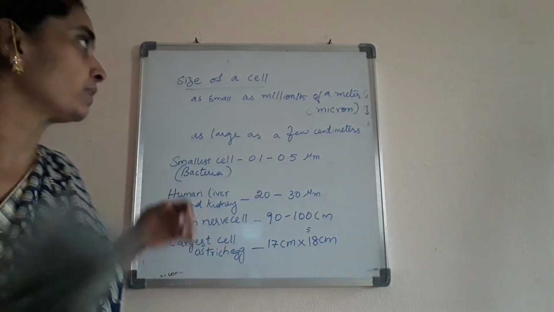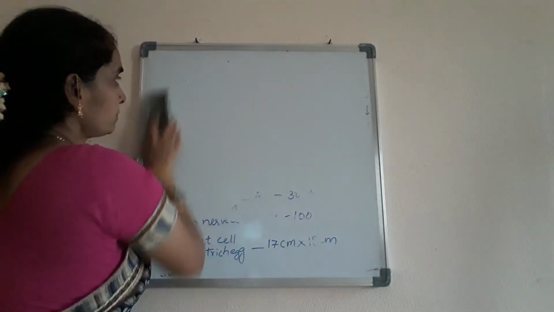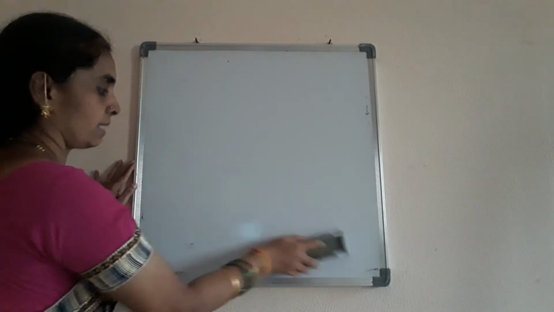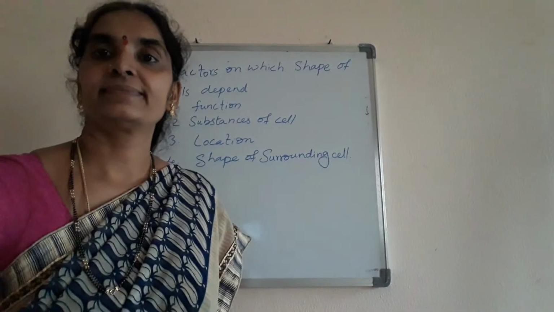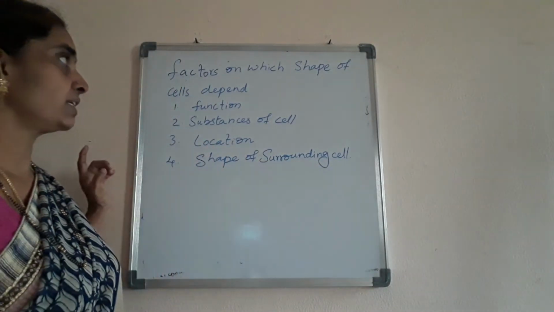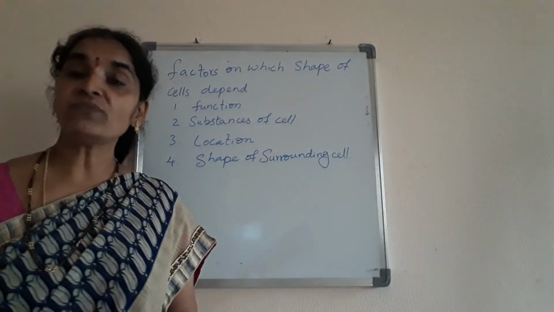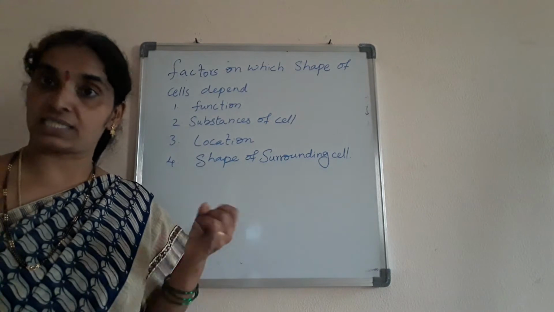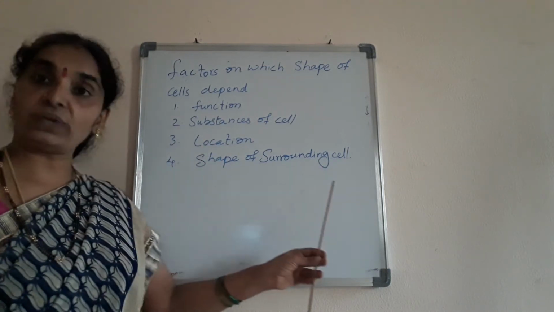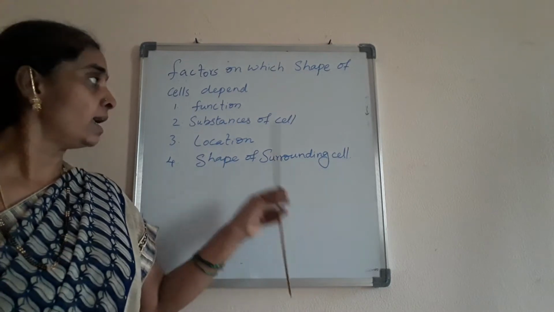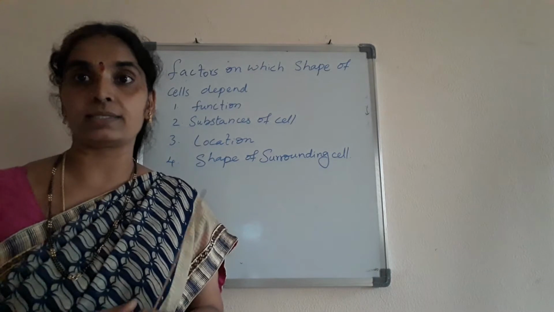Okay, children, we'll see now the factors on which the shape and size of the cell depend. The shape of the cell depends mainly on its function, the surrounding cells, the substances of the cell, and the location where the cell is present.